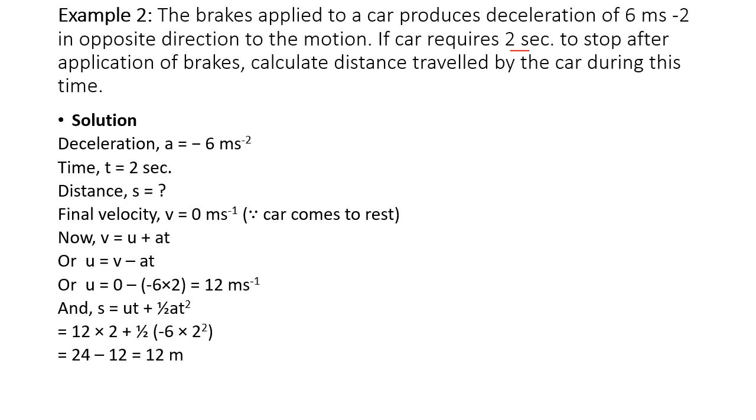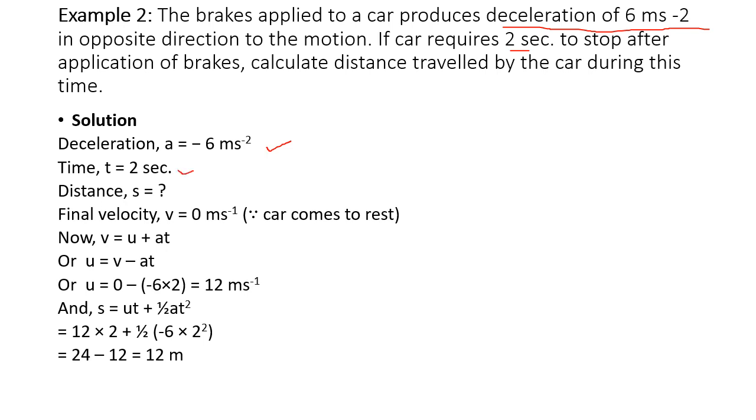Okay. So brakes applied to a car produce deceleration of 6 meter per second squared. In the question itself they said deceleration. Deceleration means the negative acceleration applied on the moving body. So you should write A equal to minus 6 meter per second squared and time period 2 seconds.